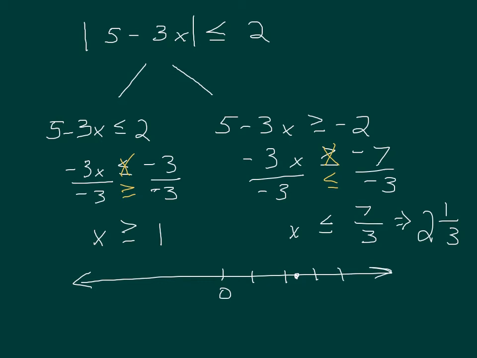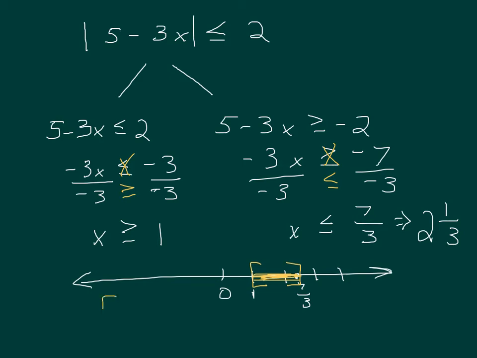So x is less than or equal to 7/3, which is 2 1/3, and greater than or equal to 1. And that's what our interval is going to look like.